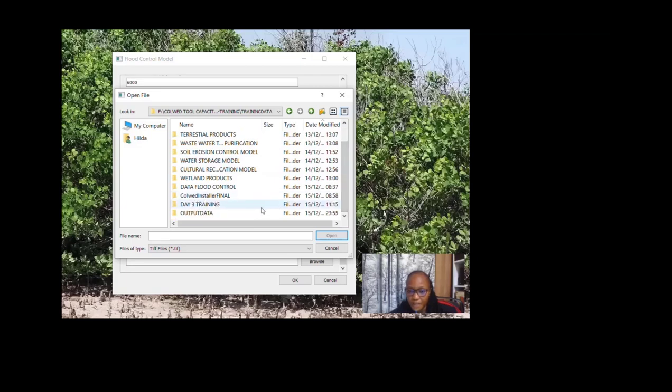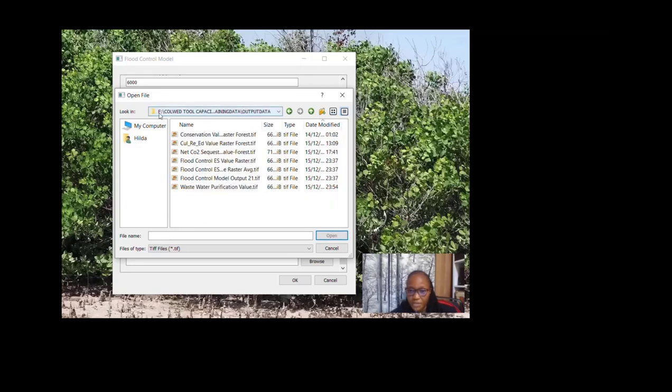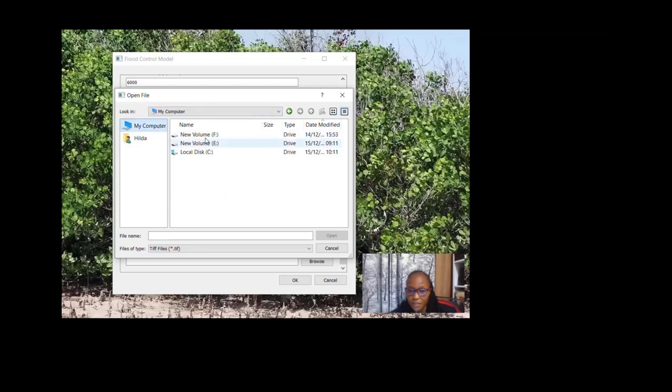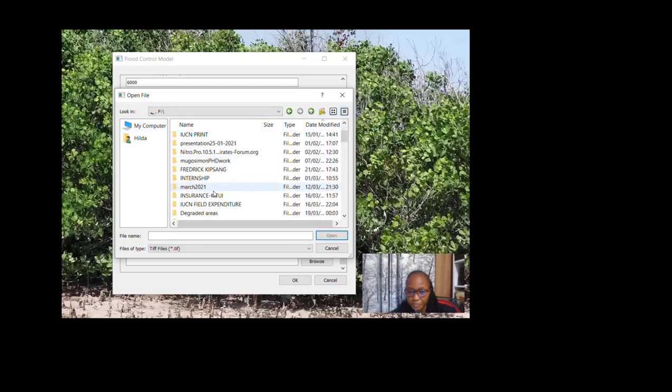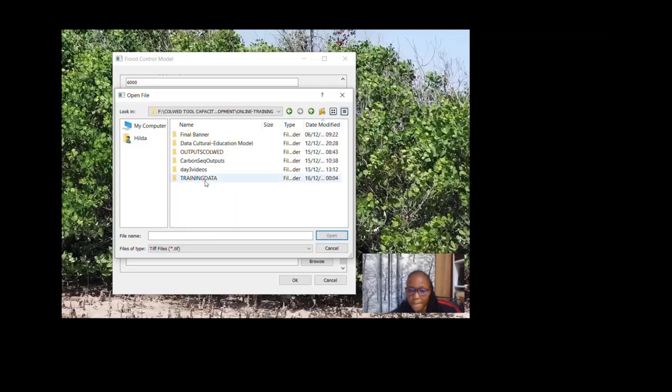The wetland that should be considered should actually be Kariba Dam, because that is the area that we are working on. So we pick the Kariba Dam TIF.